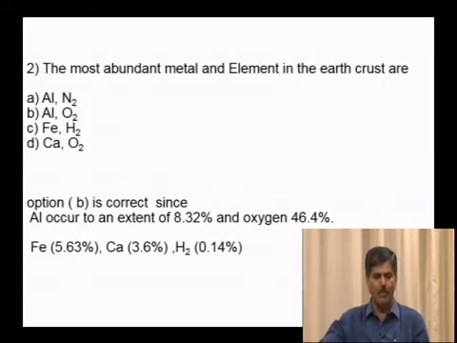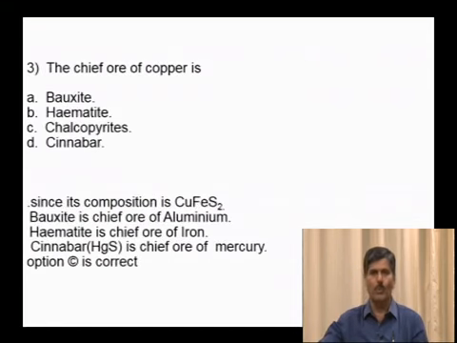The remaining elements, iron occurs to an extent of 5.63%, calcium 3.6%, dihydrogen 0.14%. Therefore, the most abundant metal in the earth crust is aluminum, and the most abundant element in the earth crust, not in the atmosphere, is oxygen. The option is B, Al and O2.